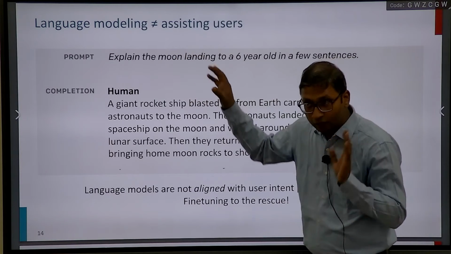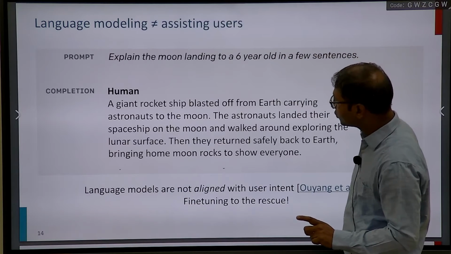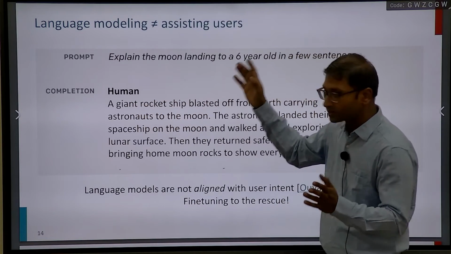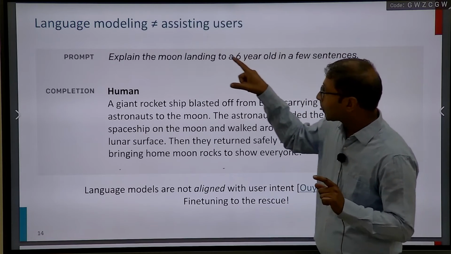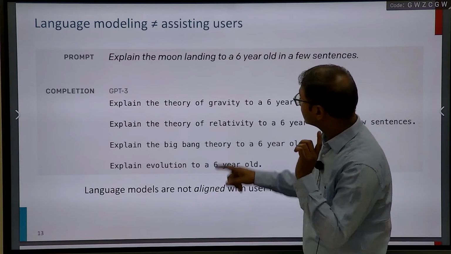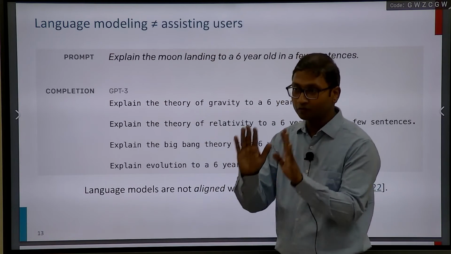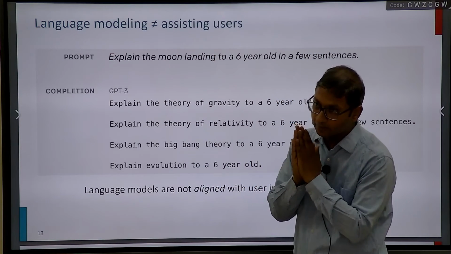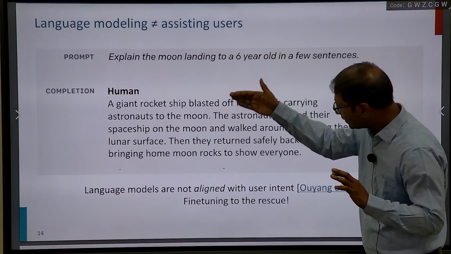So, now you have the human in the picture. Explain the moon landing to a 6-year-old in few sentences, human says: a giant rocket ship blasted and so on. If you give this prompt just to GPT-3, it is not going to give us a helpful answer. If you give this to a human being, they are going to give this.